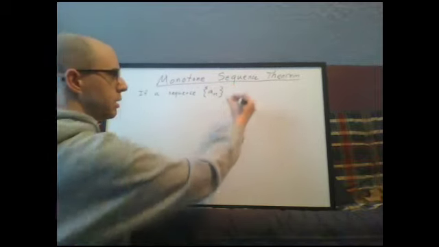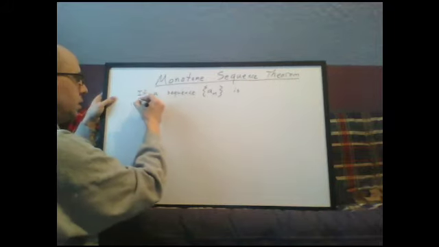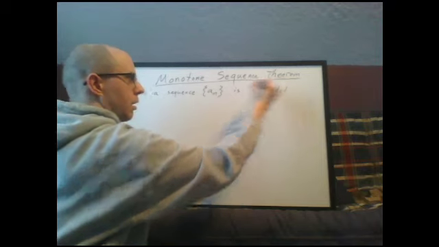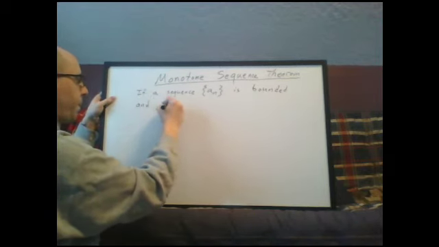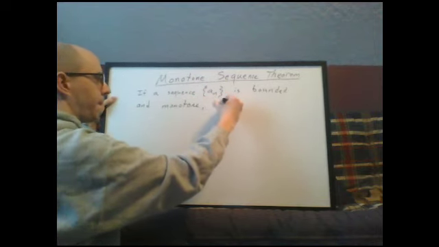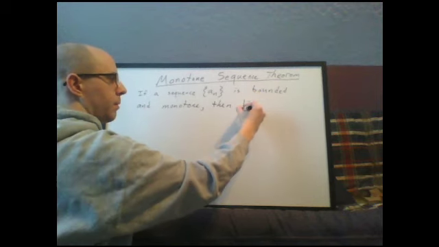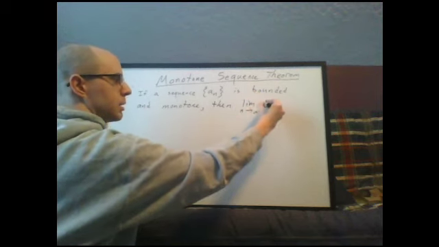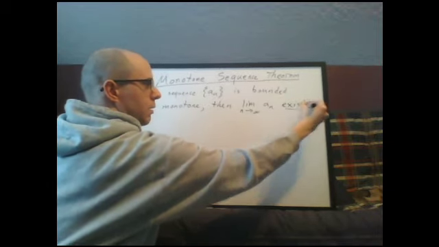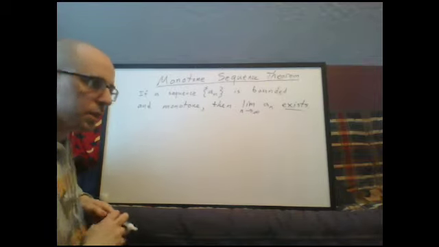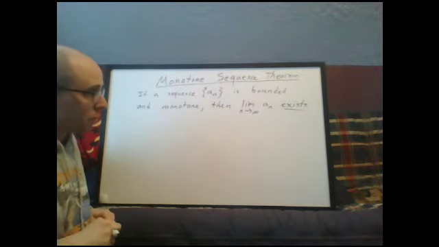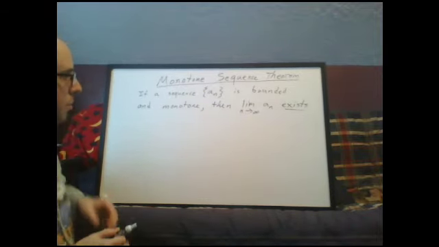If a sequence is bounded and monotone, then the limit exists. So you might see this worded slightly different. Every bounded monotone sequence is convergent. It means the same thing.